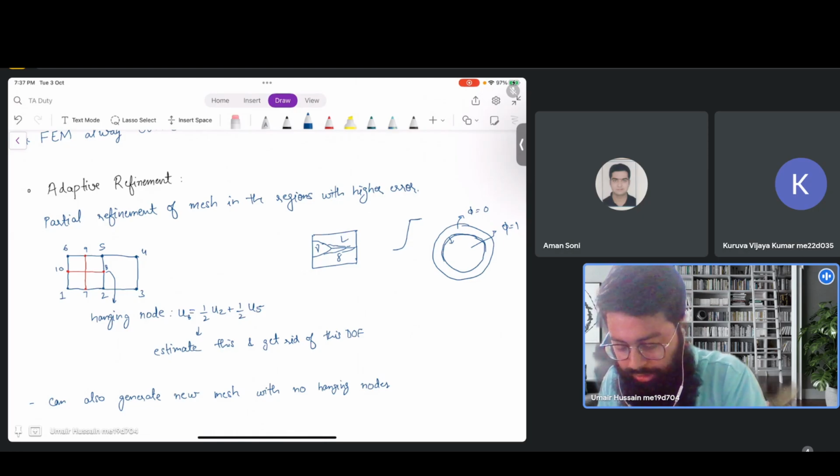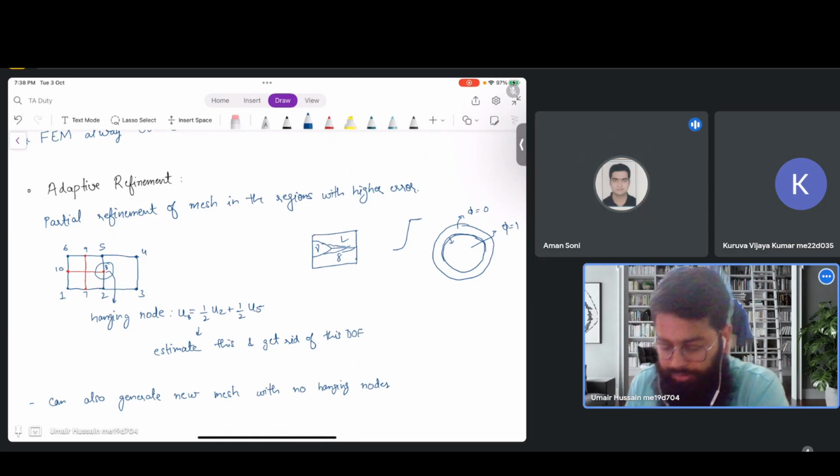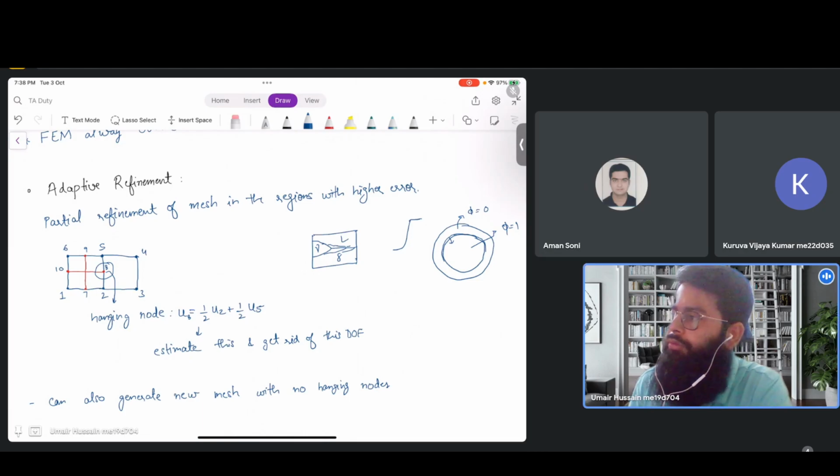Now one issue comes up: this extra node created here is fine with the other four quad elements, but it creates an issue with the 2 3 4 5 element, since it now has one more degree of freedom. It's called a hanging node. Usually solvers don't consider this a new degree of freedom.